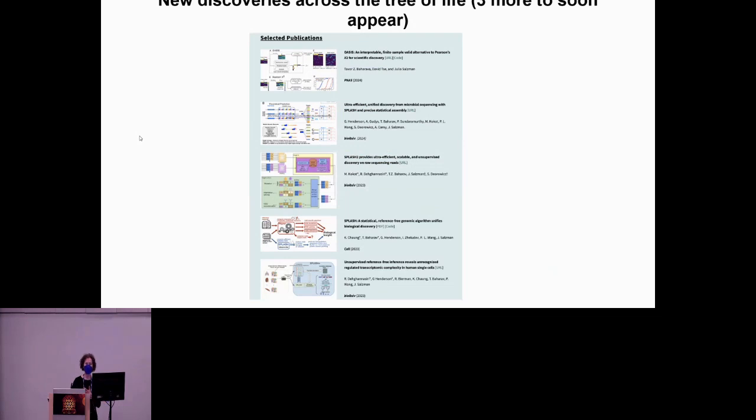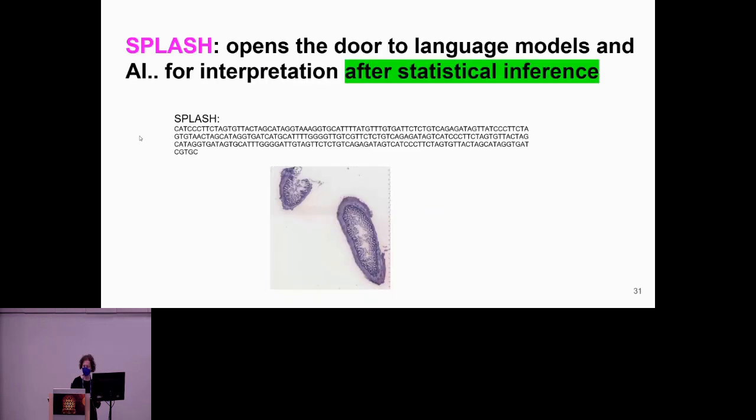Okay, so just to summarize and conclude, there are now many different papers that we have published in many domains of life, essentially almost to the point where you can name your domain. So virus, bacteria, plant, human, non-model organisms. We've been able to find what I think are very exciting results from this approach, and I think it is very easy to use, although it's not what is standard today.